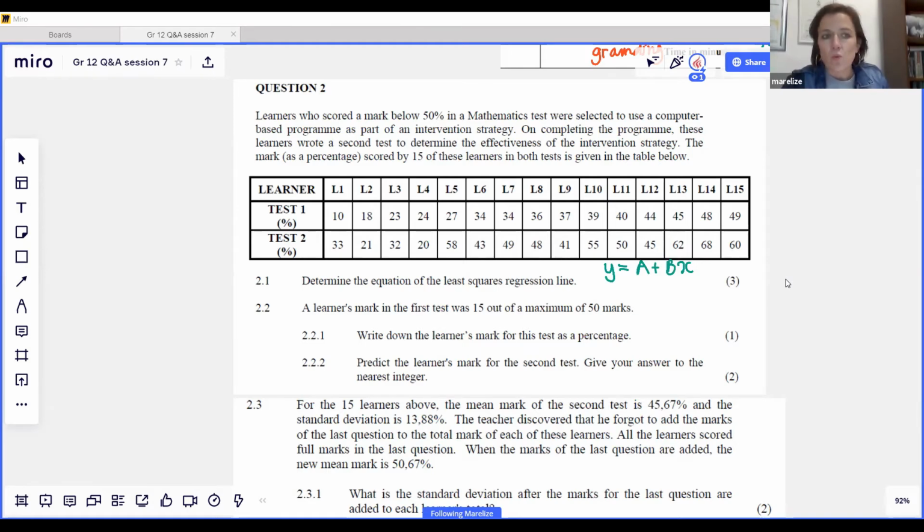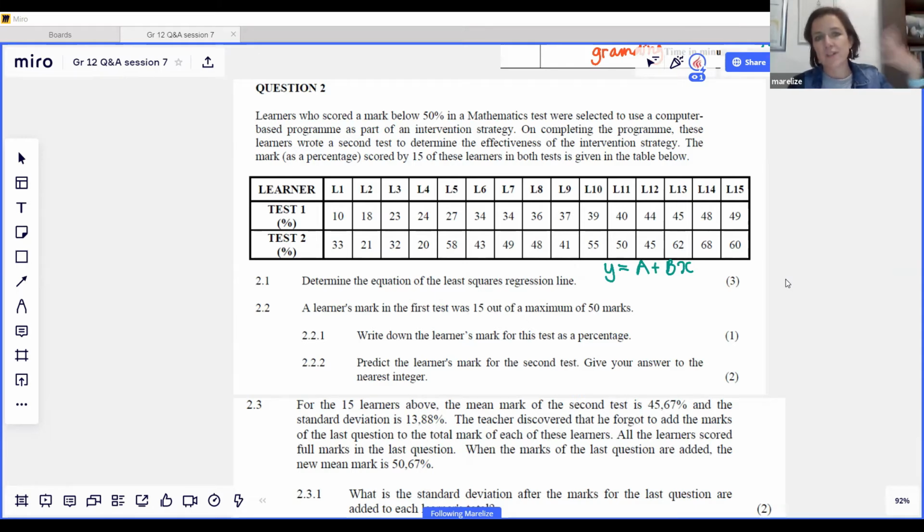But basically, what a regression line does is it takes the data from one variable and relates it to another variable. And then from that, given the formula that it uses, you can establish a relationship and start to say things like the one variable predicts the other variable in a certain way. So basically, what the question is getting at here is, what is the relationship between the test 1 score and the test 2 score?